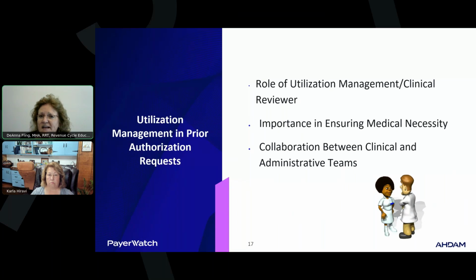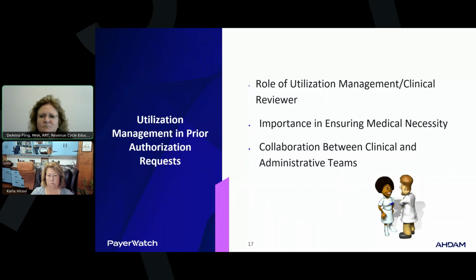And why do we need utilization management? Simply, it's a step in the authorization process, ensuring medical necessity compliance with what service the physician has ordered, the medical inpatient stay, or a service that is in the treatment plan that was developed by the physician and the clinical team.